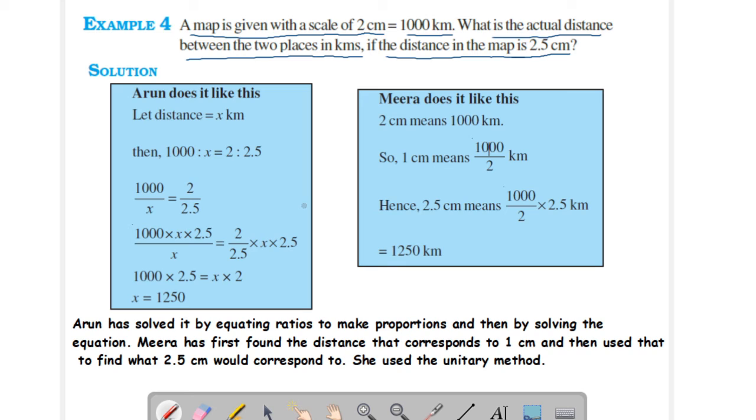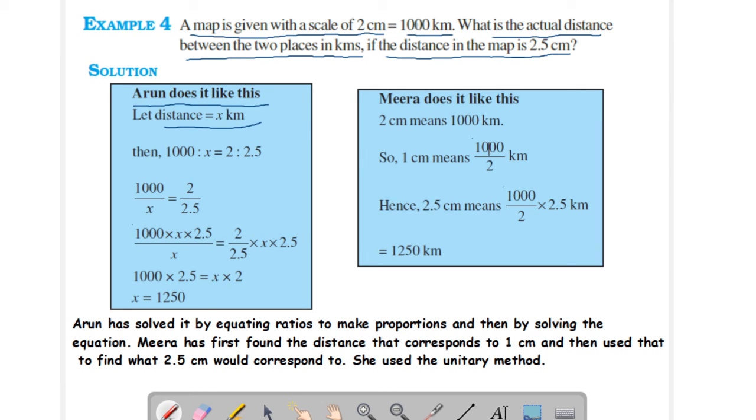Here we can solve this question in two forms. See the solution. Here Arun does it like this, that is, let us take the distance as x kilometer and then find out the ratio.